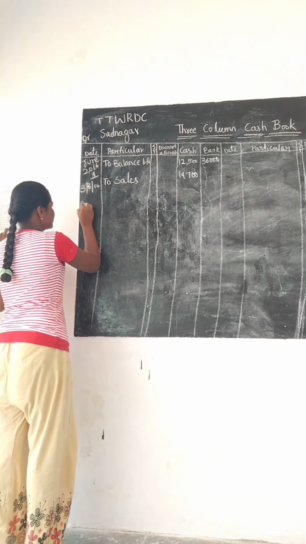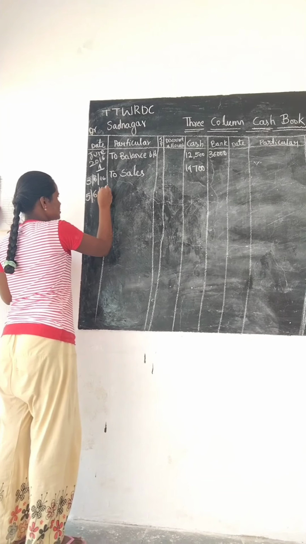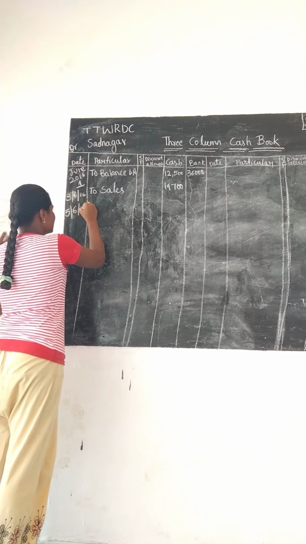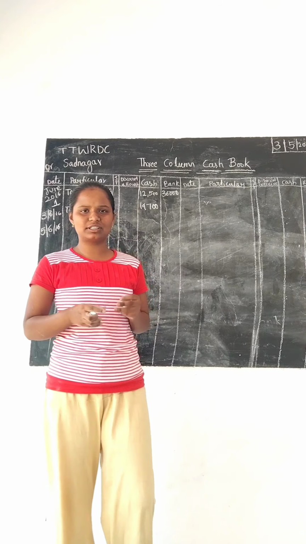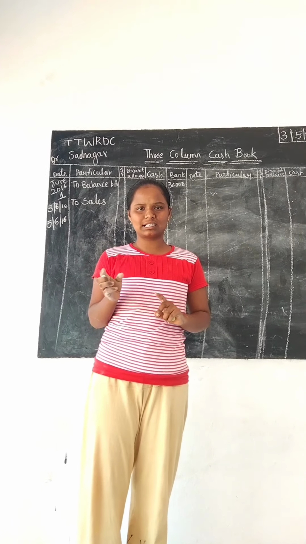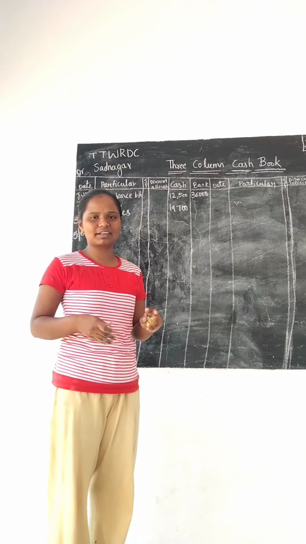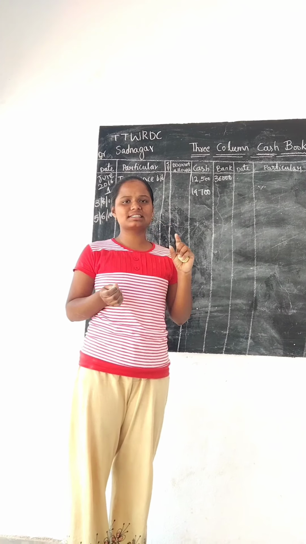On day 5, June 6, 2016, they're depositing the cash into the bank. The journal entry is bank account debit to cash account, because our cash is going and bank is debit.